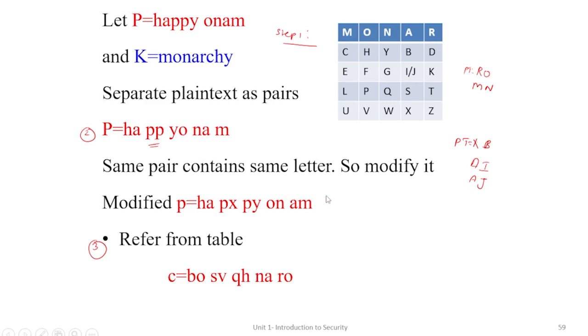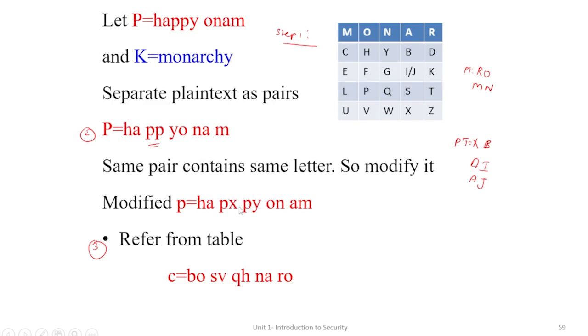After retrieving the plain text, we combine all the values, and if any X occurs between two consecutive same letters, we should check whether this X is necessary for giving the meaning of the text. I retrieved Happy Onam with X as an intermediate value.